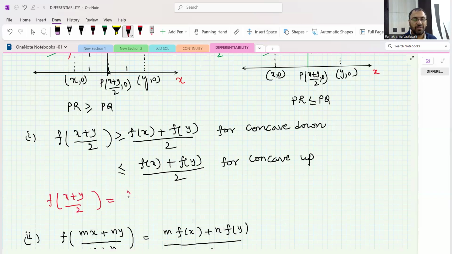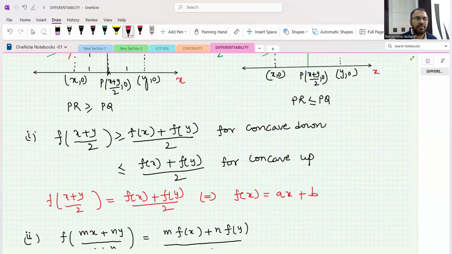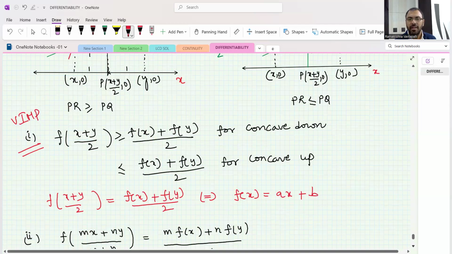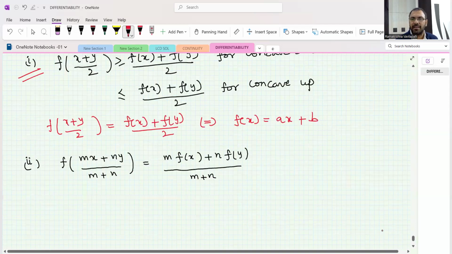This is very, very important: f of x plus y by 2 is equal to f of x plus f of y whole by 2 if and only if that function is a straight line.